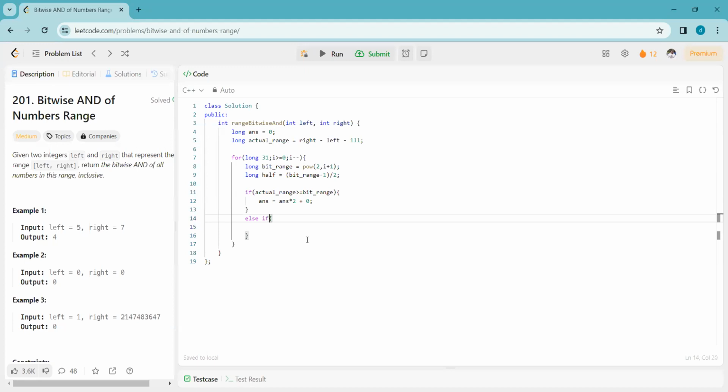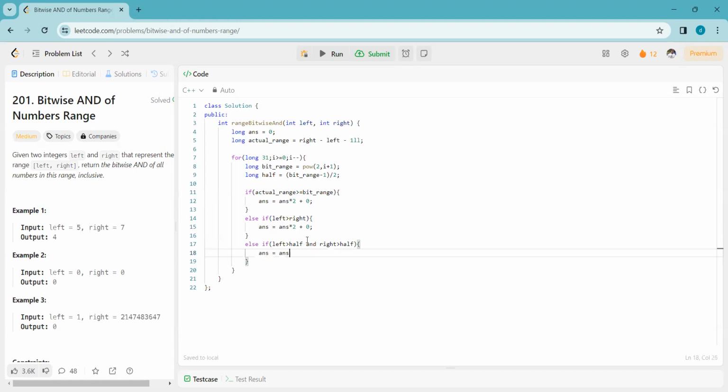So we will write else if left is greater than right, our answer will be answer into 2 plus 0. Else if left is greater than half and right is also greater than half, that means that range contains all ones.